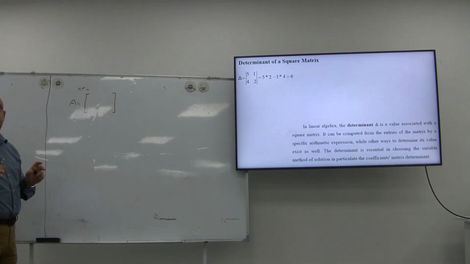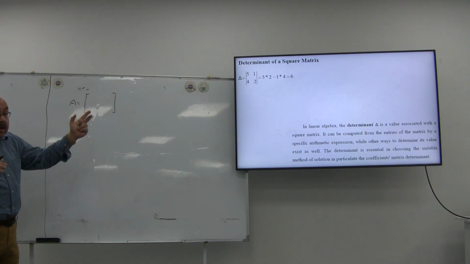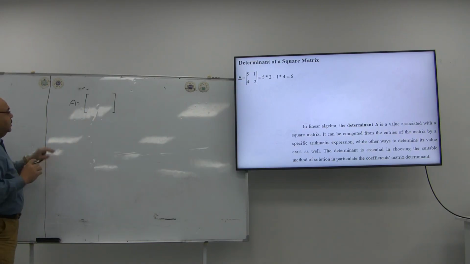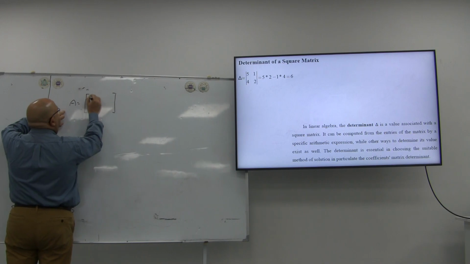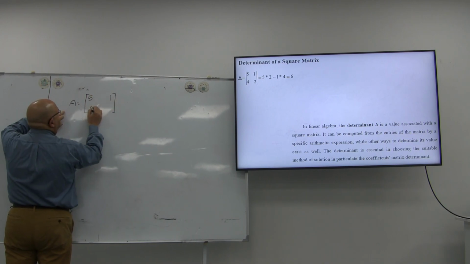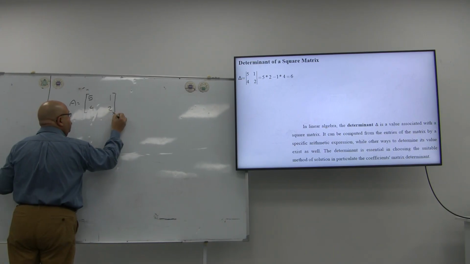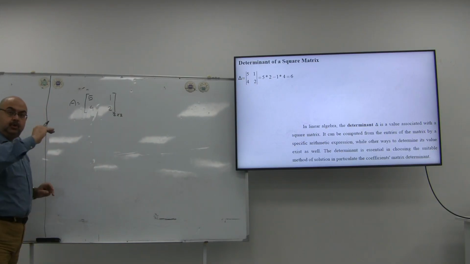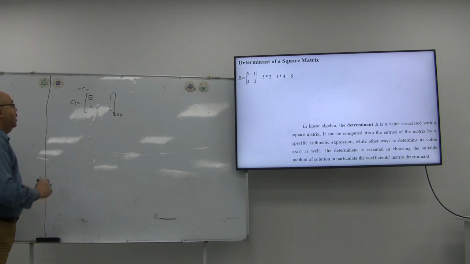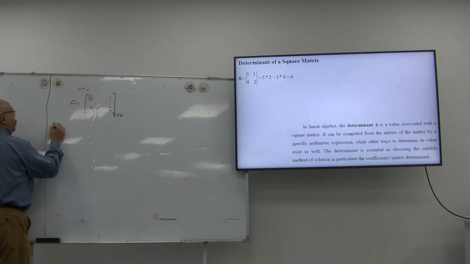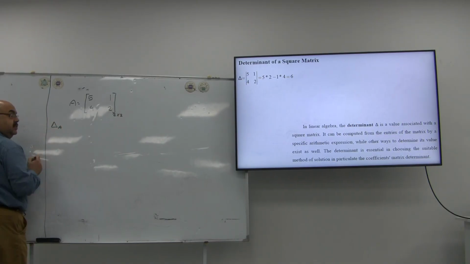So you can't change the brackets of a matrix and mix them with the brackets of a determinant. The numbers are 5, 1, 4, and 2. This is a matrix. The dimension is simply 2 by 2, which means 2 rows, 2 columns.